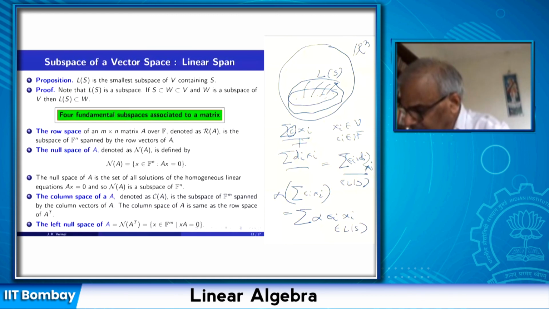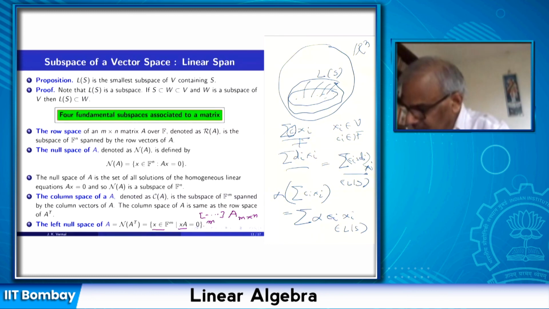It consists of all vectors in Fm so that xA is 0. A is m by n, so I can multiply it on the left by a row vector which has m components. This is also a system of homogeneous linear equations, but now there are as many equations as the number of column vectors, and as many indeterminates as the components of this row vector.